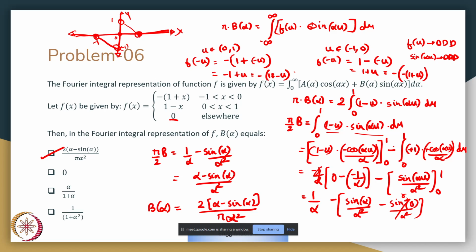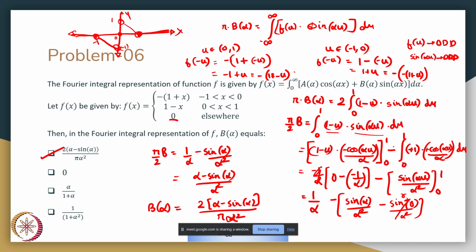Here also we could have done the entire integration over twice the interval. In this case it turned out that the function f of u was indeed an odd function, which means the integrand f of u sine of alpha u would be even, which allowed us to only look at half the interval and then double its integration value.